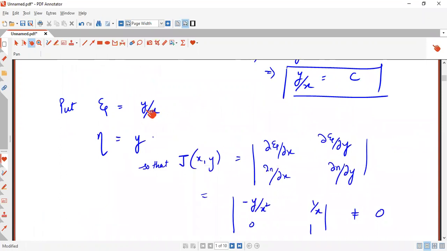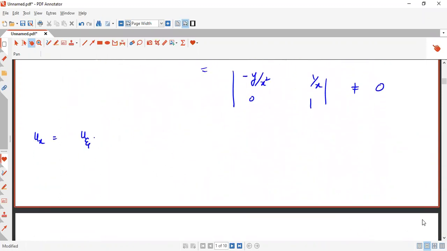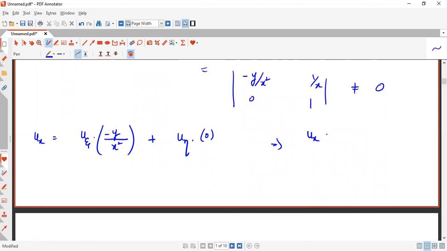Minus y upon x square, plus u eta times eta x. Del eta by del x is 0, since eta is y. So ux is u xi times minus y upon x square. Now find uxx.